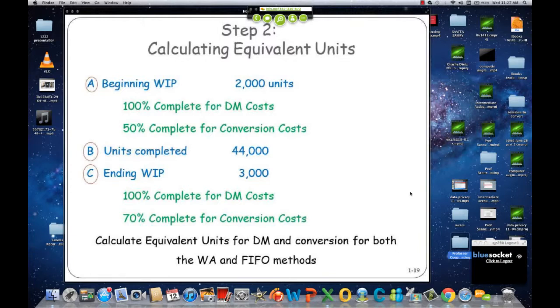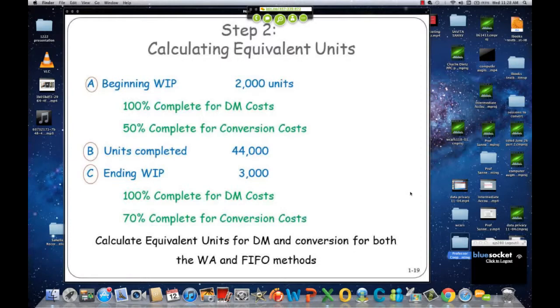That's accounting for the physical units. That's step one of the process. So it all adds up to 47. Okay, so we got that.